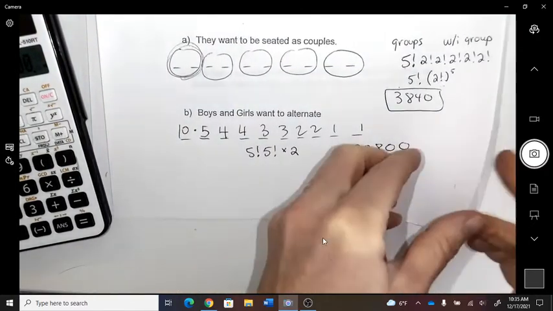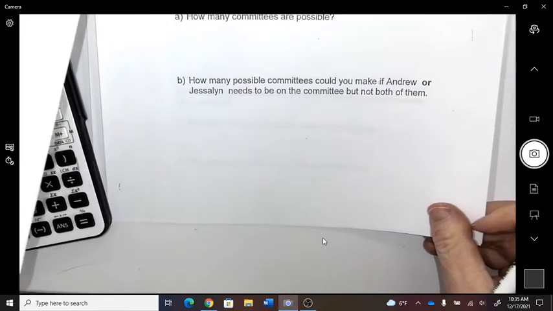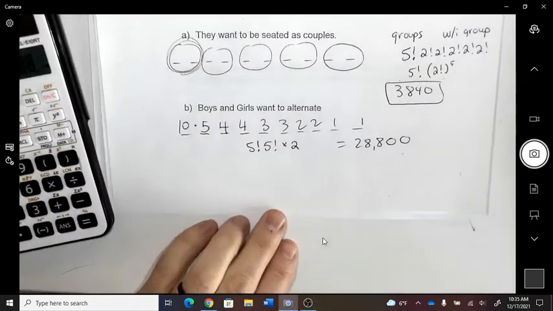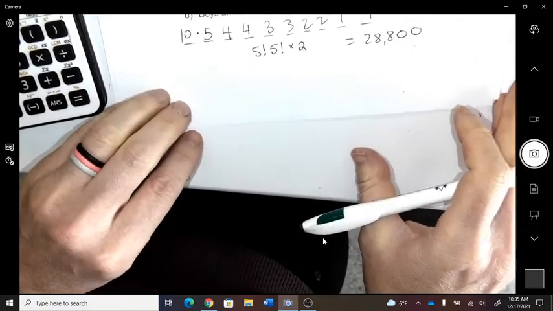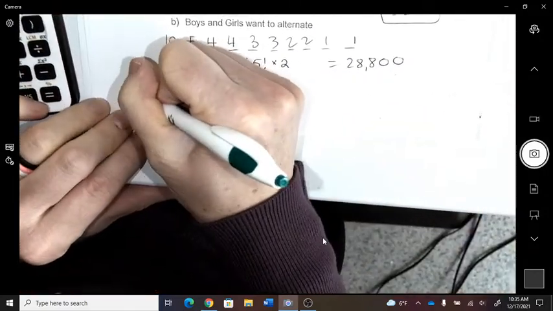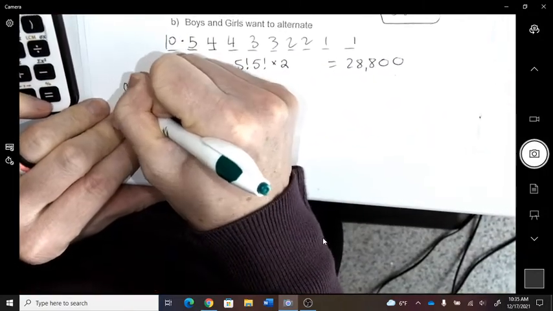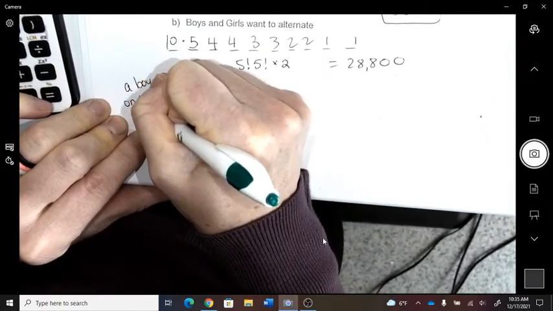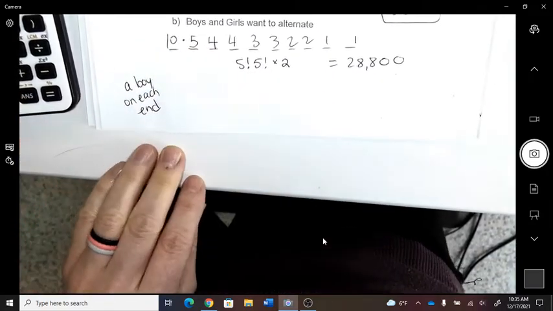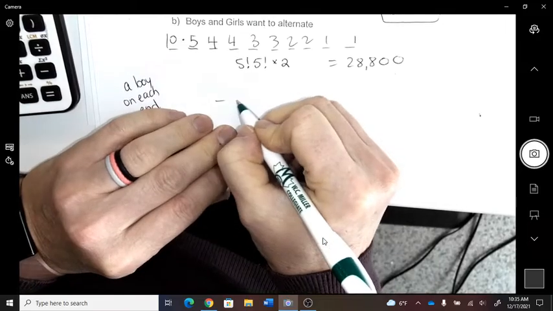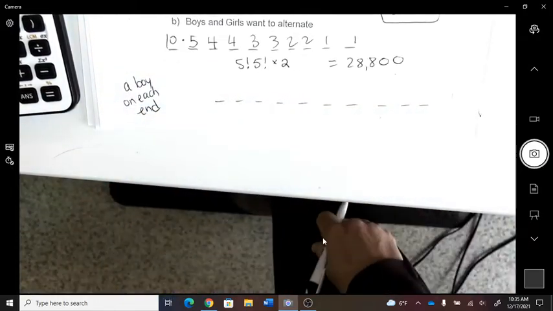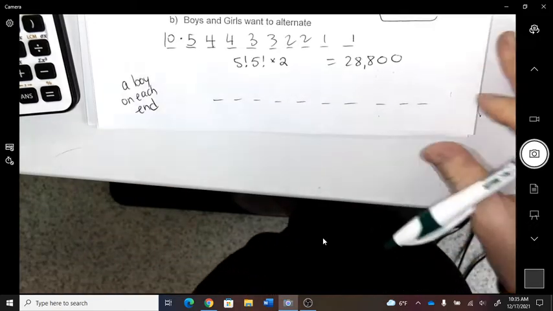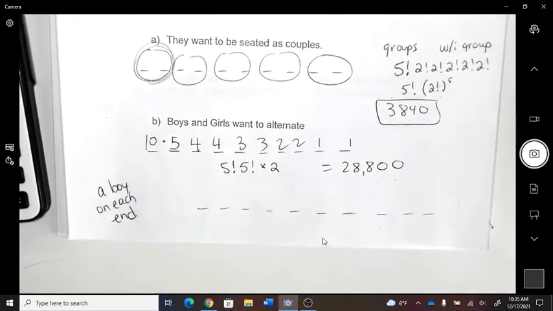Okay, I'm going to give you a third question because I have something on the test that is something like this. You must put a boy on each end of your seating arrangement.